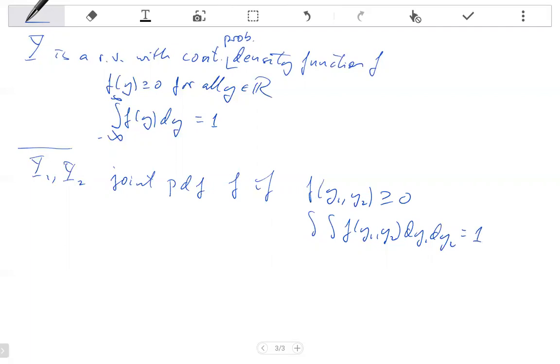And of course, in this first case, this is just the criterion for f to be a density.